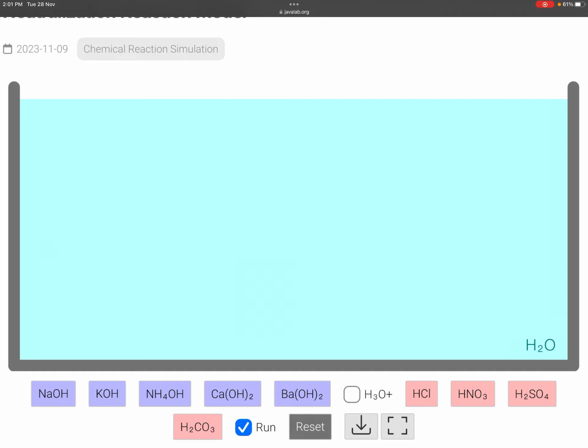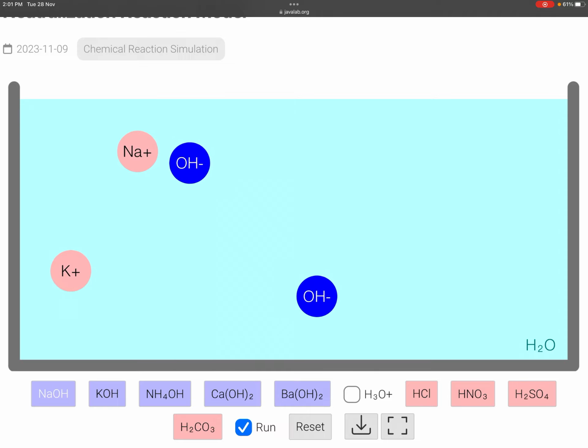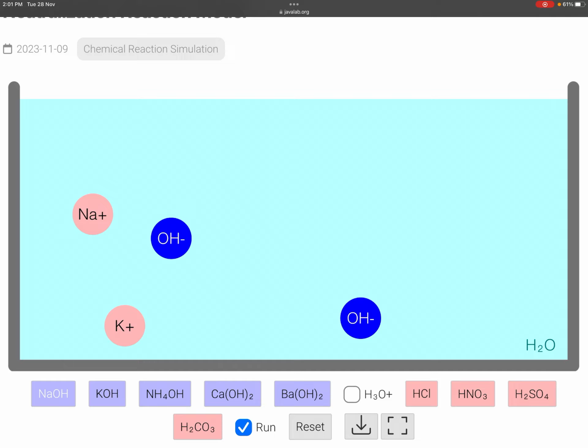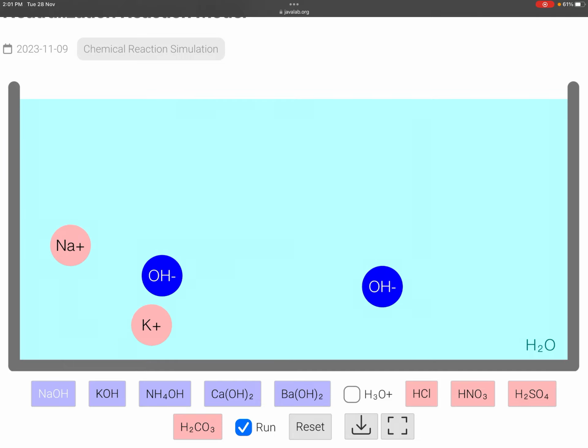طب let's try another one. Potassium hydroxide برضو positive potassium ion and hydroxide ion طبعا negative. يبقى ايه common in alkalis in الالكلايز in a solution produce negative hydroxide ions. ونفس الفكرة في strong في weak.